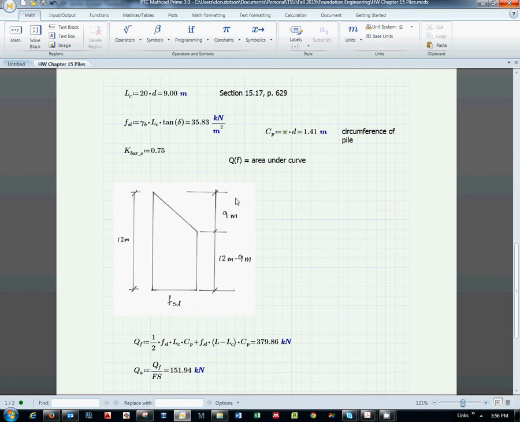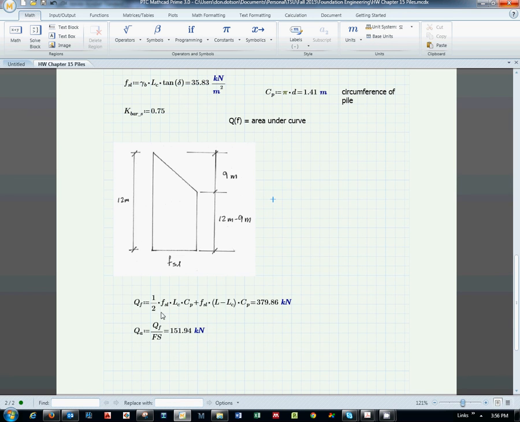So Q sub F is the area under this curve here. FSL is 35.83. The critical depth is 9. The difference is 12 minus 9. That's 3. So when I put these together, I find the area under the upper part of the curve. That's a triangle, so the formula is 1/2 base times height times F sub SL.